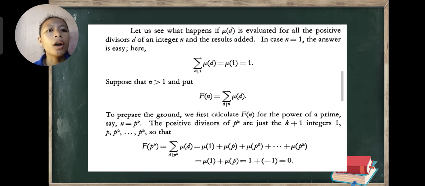To prepare the ground, we first calculate capital F of n for the power of a prime. Say n is equal to p raised to the power of k.